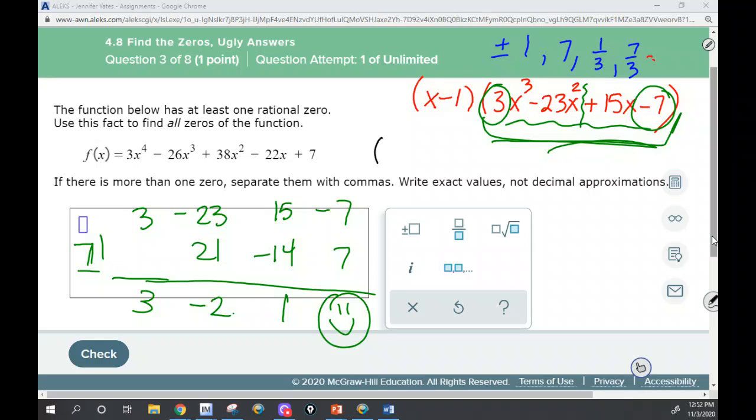Okay, so I now have x minus 1 times, if -7 is a 0, what's my factor? X plus 7. And then I have my depressed polynomial of 3x squared minus 2x plus 1.